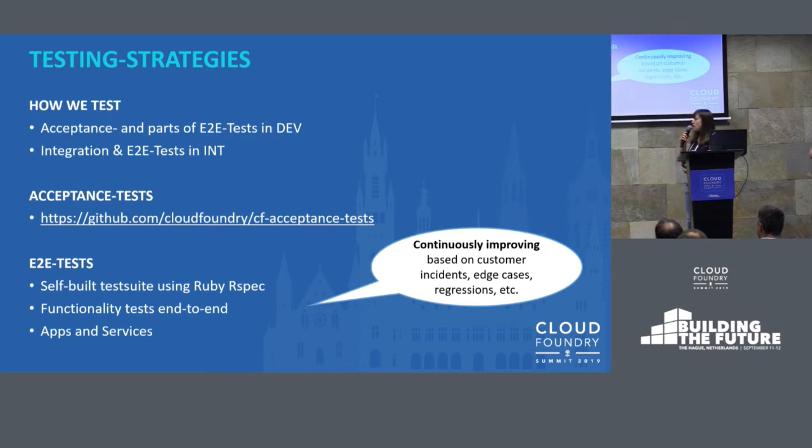And our end-to-end tests, as I mentioned before, are really self-built. They are built based on Ruby RSpec, so it's everything fully self-developed, and we continuously improve and extend those test cases based on incidents, on regressions, on edge cases, on whatever we have.